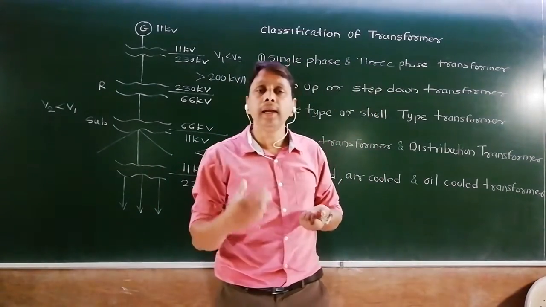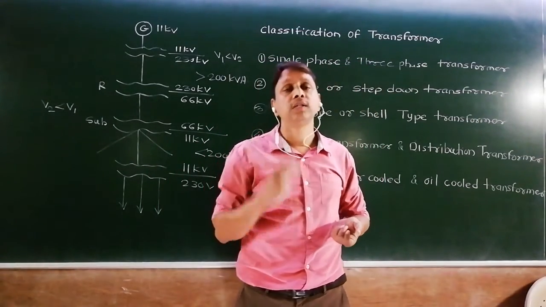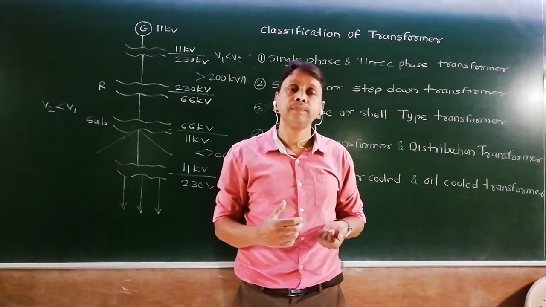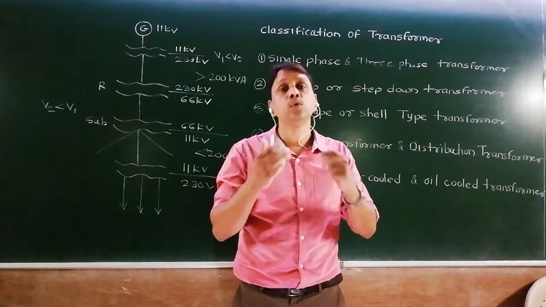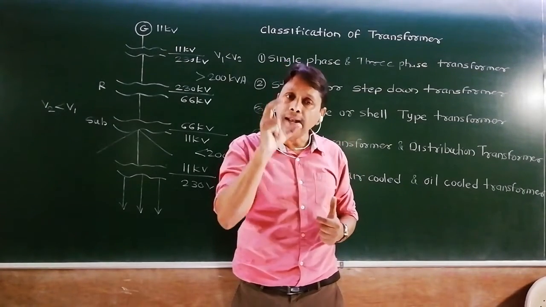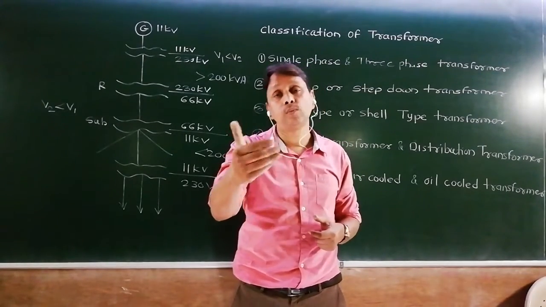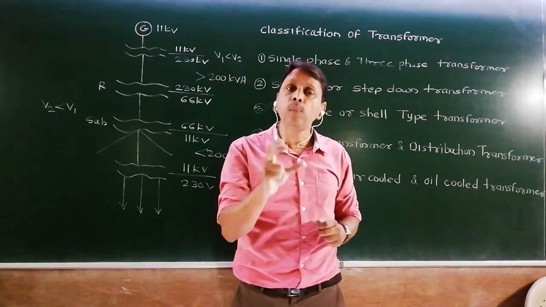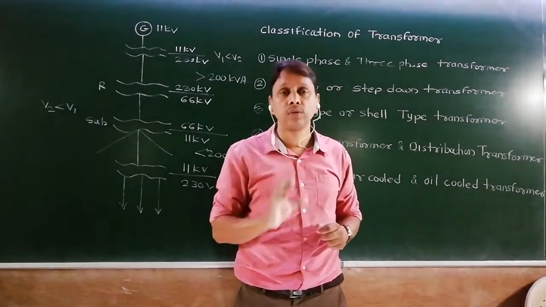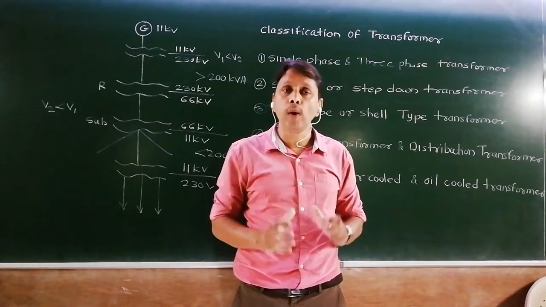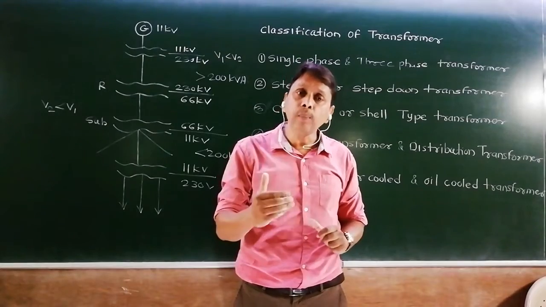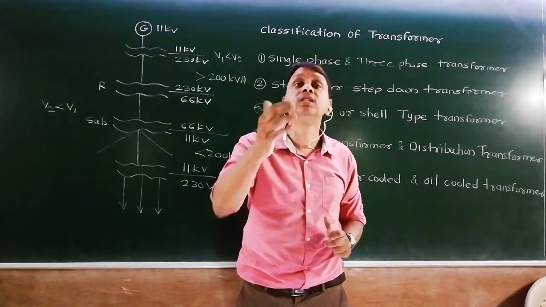You know that in a transformer there are some losses, core loss or iron loss, and copper loss. Due to those losses, heat is produced, and that heat will damage the insulating material in the transformer, and by that the transformer gets damaged. Therefore we have to minimize this heat produced. We have to keep the temperature of the transformer within permissible limits, and therefore a transformer requires a proper cooling system.